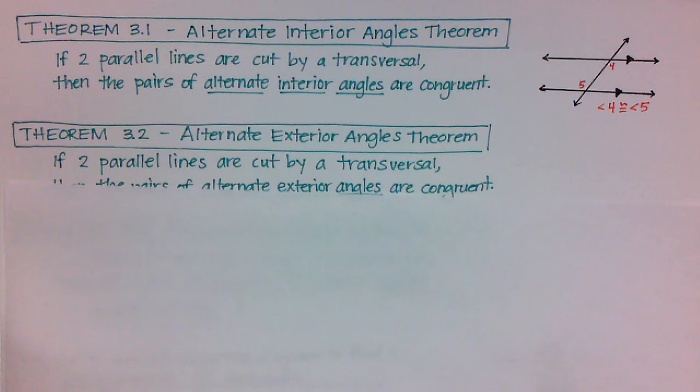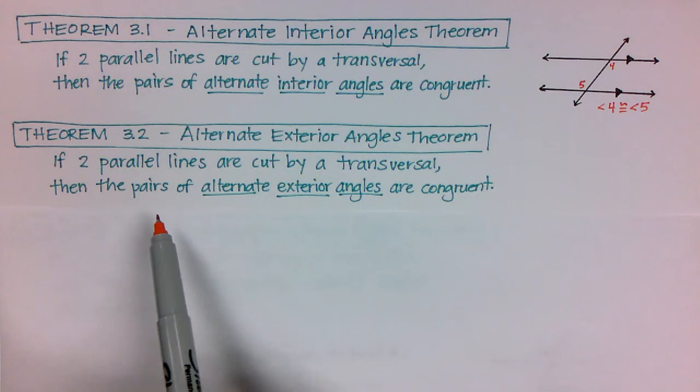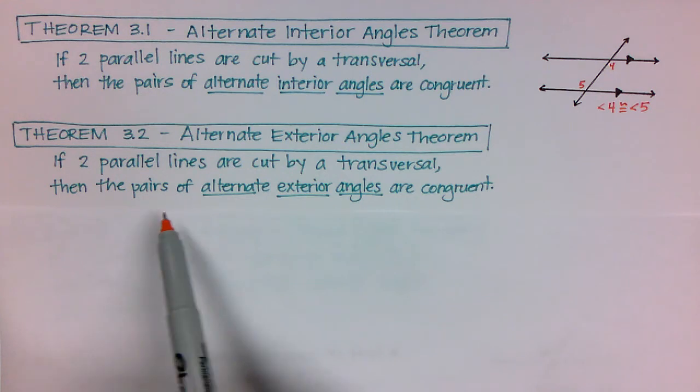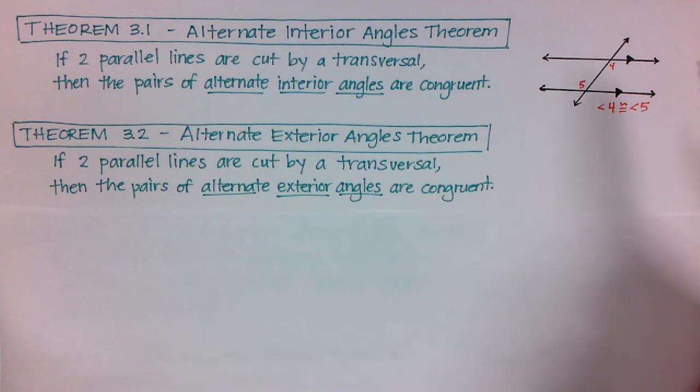Theorem 3-2 says the alternate exterior angles theorem. So if two parallel lines are cut by a transversal, then the pairs of alternate exterior angles are congruent. So the time before in our diagram, those angles were interior, and they were the alternate ones. Now we're looking at alternate exterior.